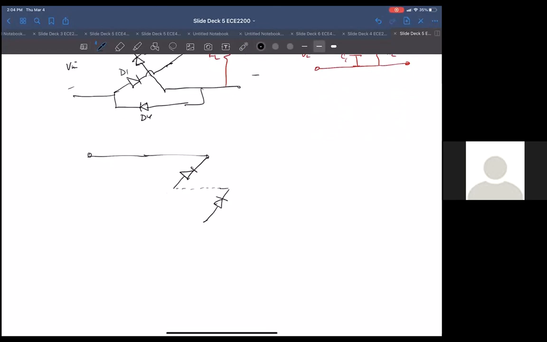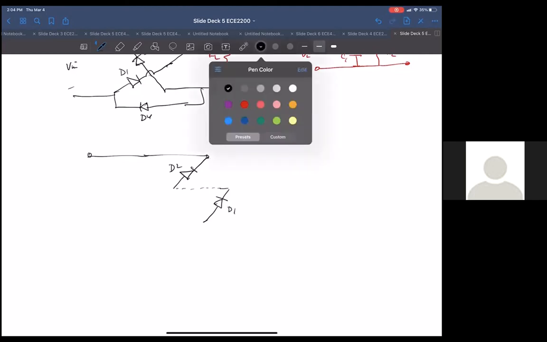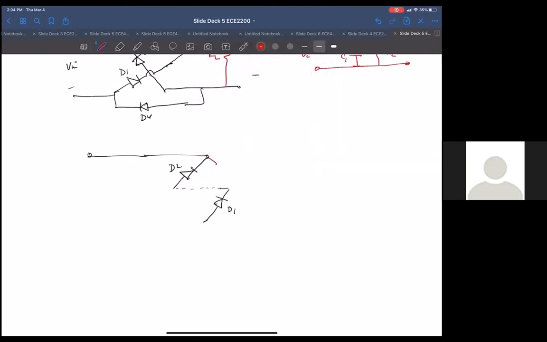So this is the same. I'm going to use the same numbers as the other one, D2, D1. I'm going to draw the other diodes in red, and the resistor in green.